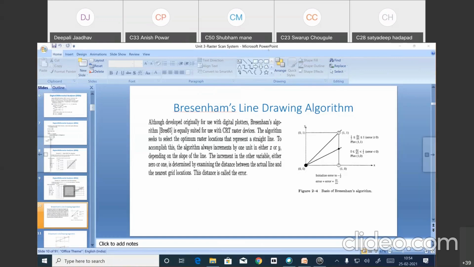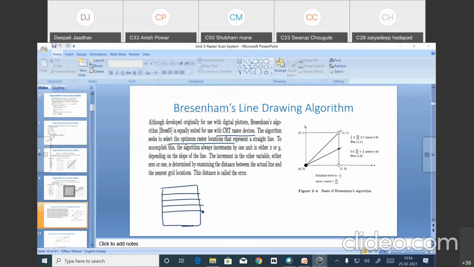The first goal is to draw a straight line with the help of a CRT. We are drawing the line on CRT raster devices. So the algorithm seeks to select the optimal raster location that represents a straight line. Here again the raster looks like this.